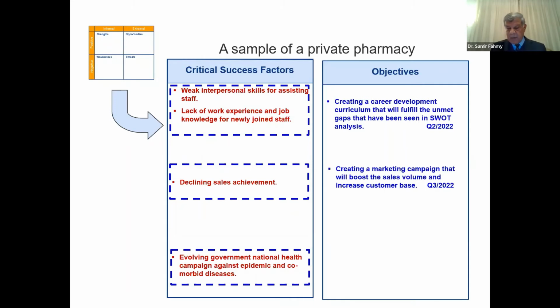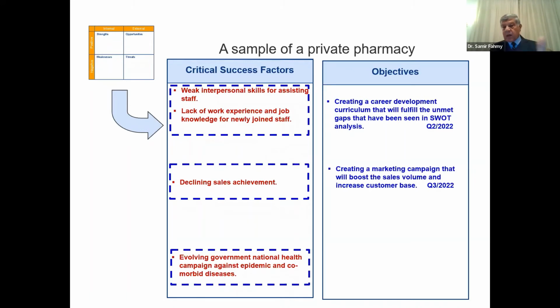This marketing campaign would be initiated by Q3 2022. So as you see, from the SWOT analysis we defined and took out the critical success factors. We listed them, we will work on the most impactful ones, and then for each one we say what the objective could be that will solve this problem.